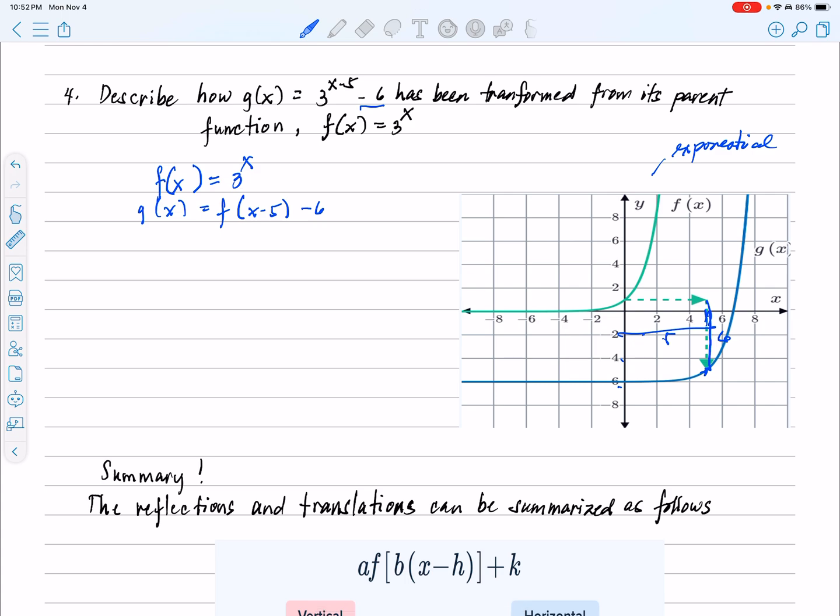So the function f of x has been shifted. What's the shift? 5 units right and down 6 units to obtain this graph.